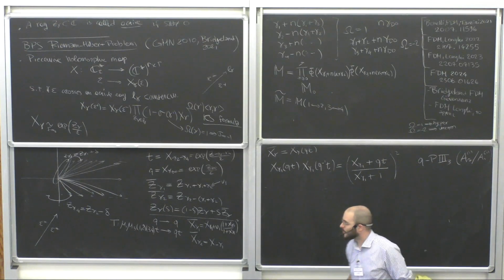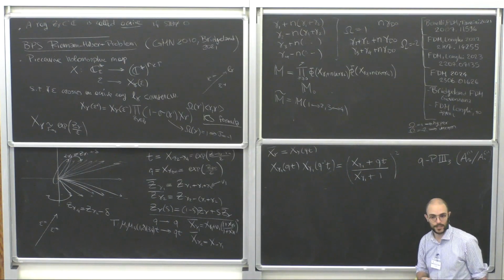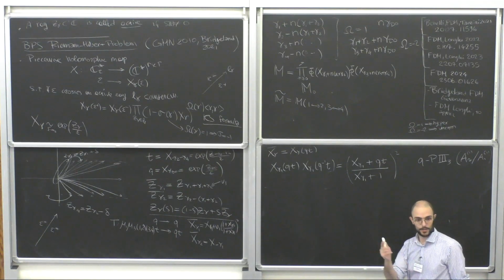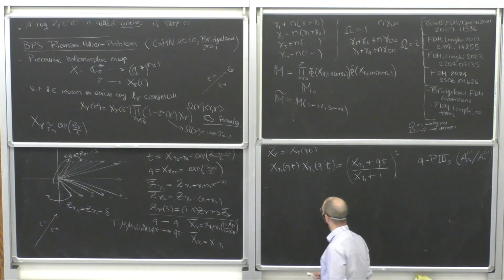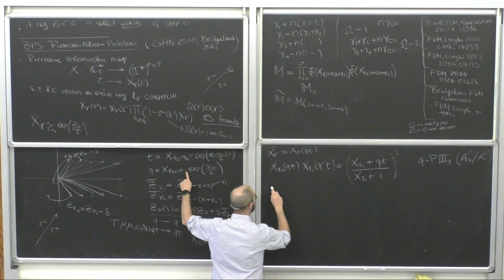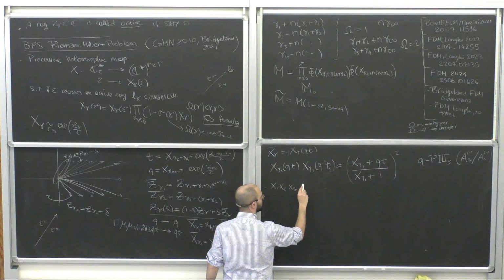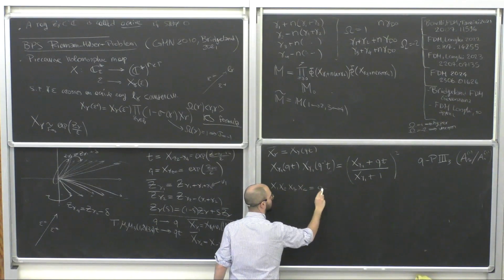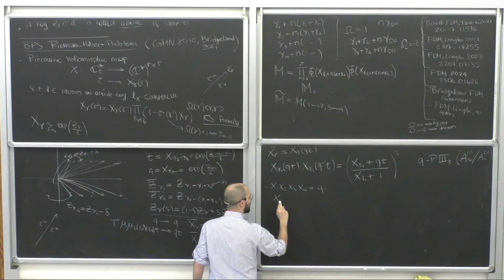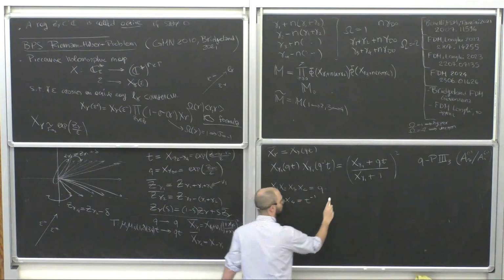But what happens if I go back to my original one and I put gamma 1 on top of gamma 3, gamma 2 on top of gamma 4? Well, these two constraints tell me that x1, I won't write gamma, but it's kind of clear what I mean, and then I have x2, x4 is equal to t inverse.